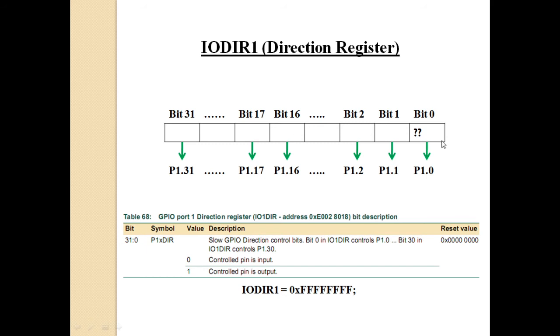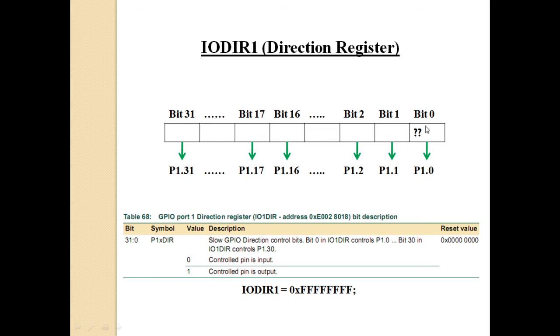So you need to find out what value should be written to bit 0 to bit 31 or the corresponding bit, in order to configure this pin as output or input in the case of direction. So this is the direction register description. You can see that if you are writing 0 in a particular bit, the corresponding pin will be configured as input.